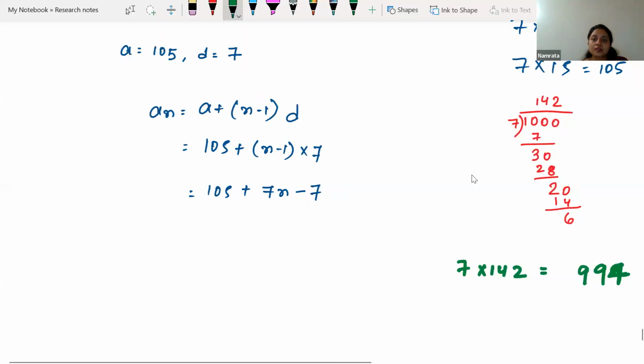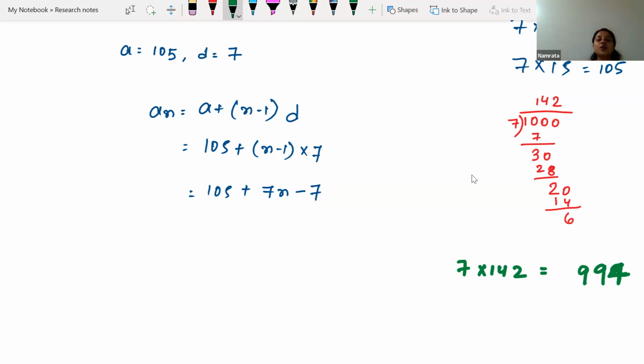Because before 1000 we have all the three-digit numbers: 999, 998, 997. All are three-digit numbers, but among those, which one is the last three-digit number completely divisible by 7, that we don't know. So if we divide 1000 by 7, we will see how many times it goes completely. Remainder is there, that is okay. So 142 times it goes completely.